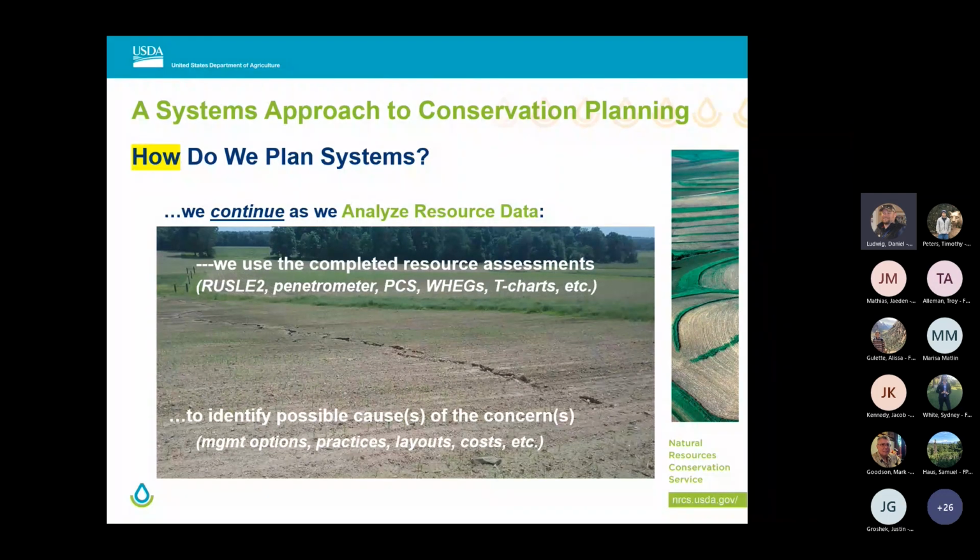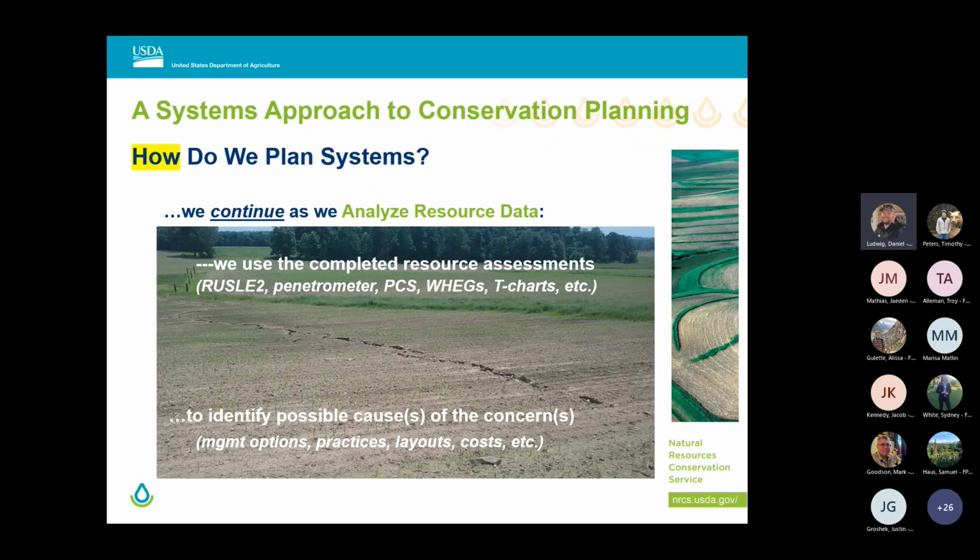Okay, how many of us are taking a penetrometer out to the field, poking around, looking for compaction? In pastures using PCS, using wildlife evaluation guides, T-charts, and so again, we want to go out to the field, see what it's telling us. Also, run our assessments to help us determine why this problem is happening.